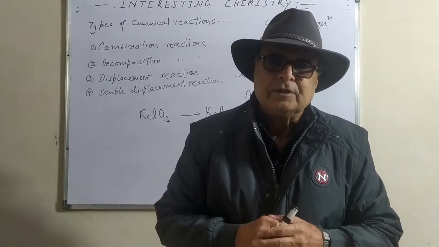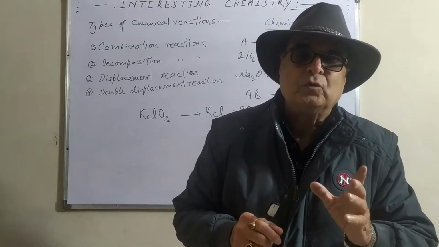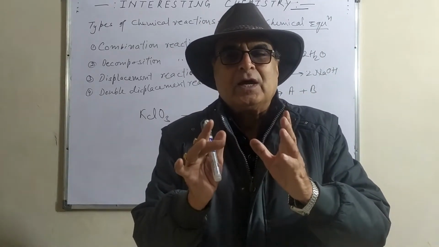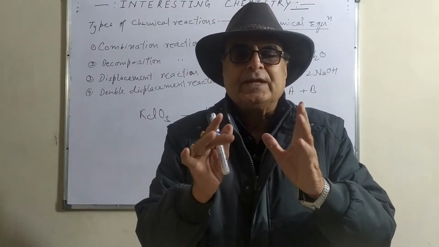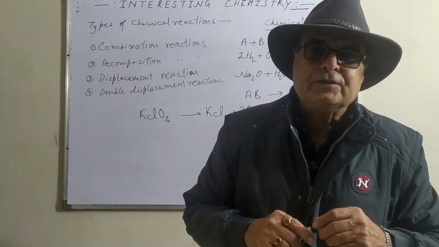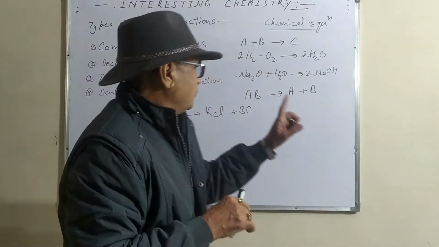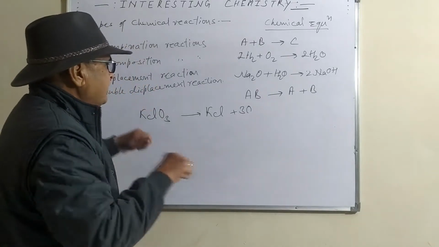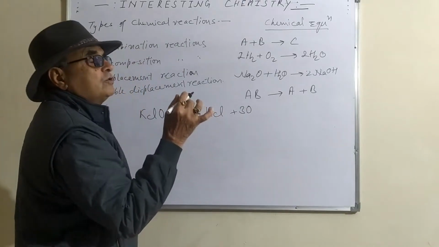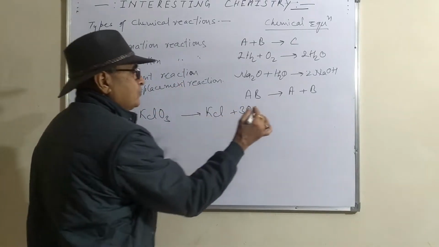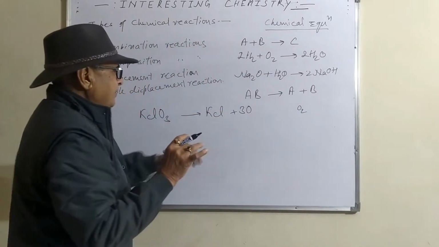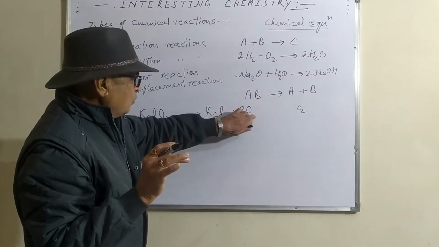But in my previous video, I told you that all the natural gases like oxygen, hydrogen, chlorine, nitrogen, etc. will be written in the molecular form in the chemical equation. So this oxygen should be written in the molecular form, as the molecular formula of oxygen is O2. Now you will write this 3O as O2.